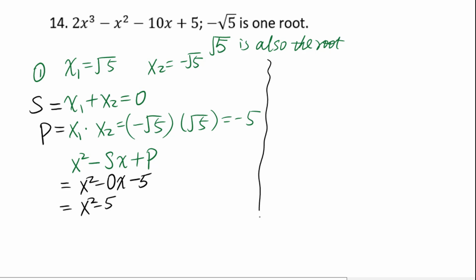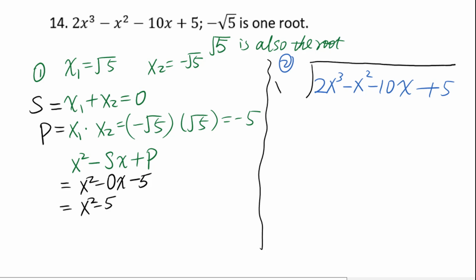We cannot use synthetic division to work out the rest of the roots, because synthetic division is only used when the denominator is a linear factor. Second step, we will use long division to figure out the rest of the factors.